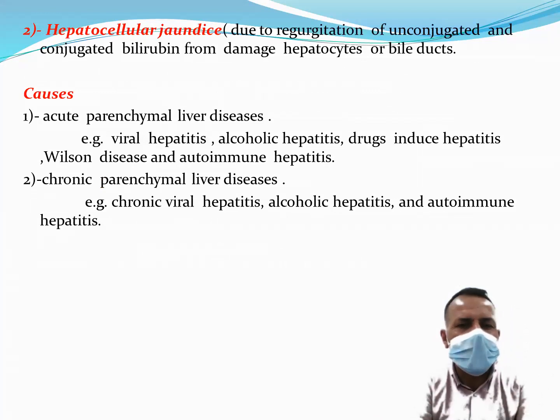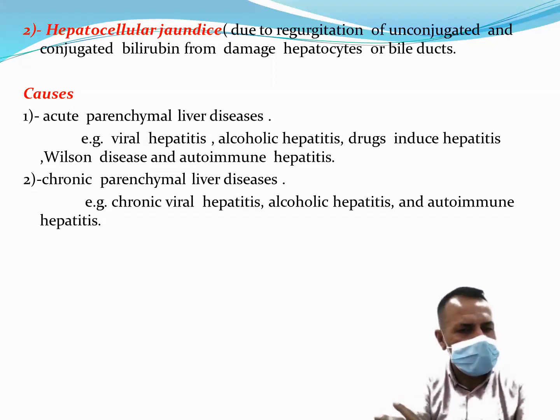Destruction of hepatocytes results in regurgitation of both conjugated and unconjugated bilirubin into the biliary duct.